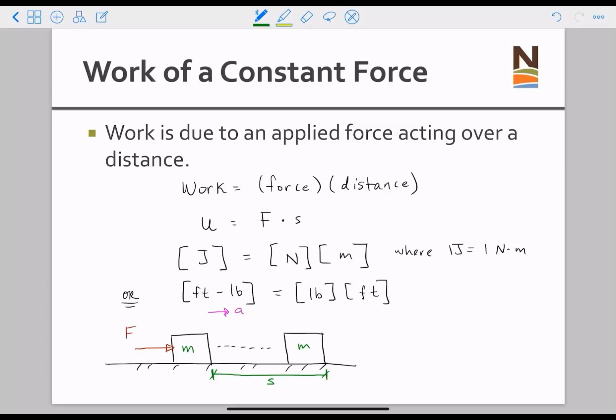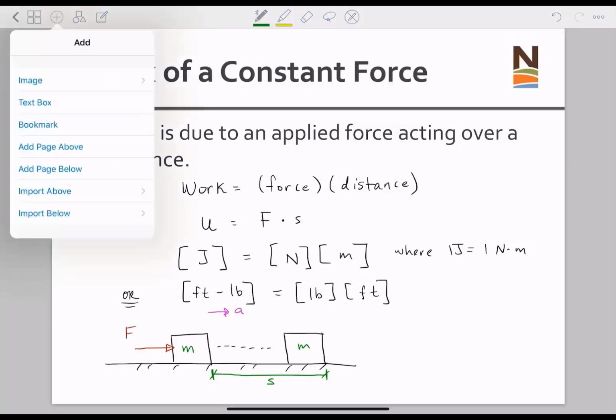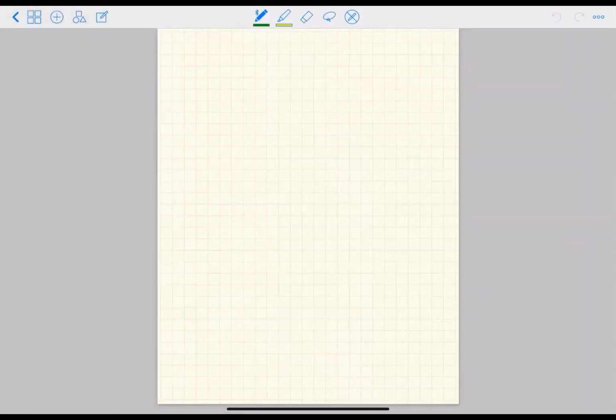There's a couple of really important notes I want to write down here. So I'm going to add in a page. What I really want you to understand here is the following. So some important notes. The first is that the force must be in the same direction as distance.